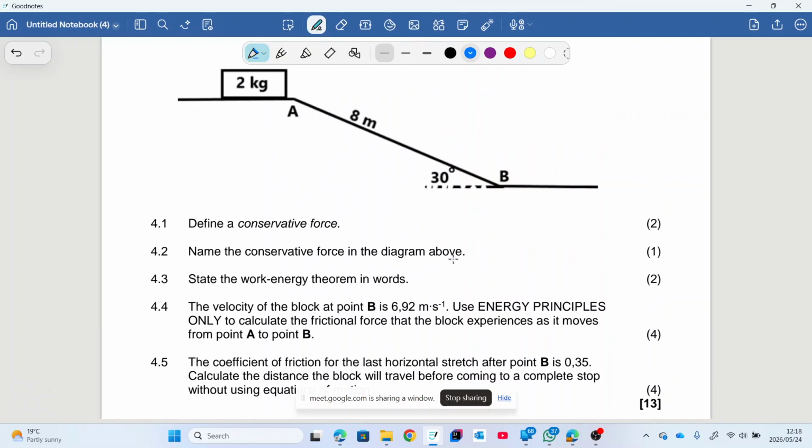Now, 4.3, they want us to state the work energy theorem in words.